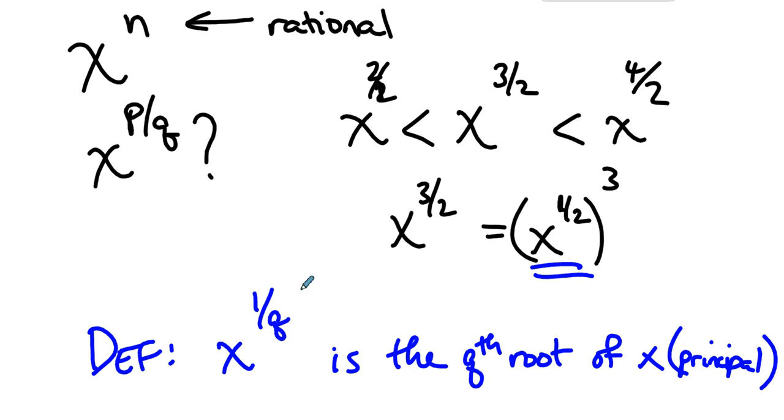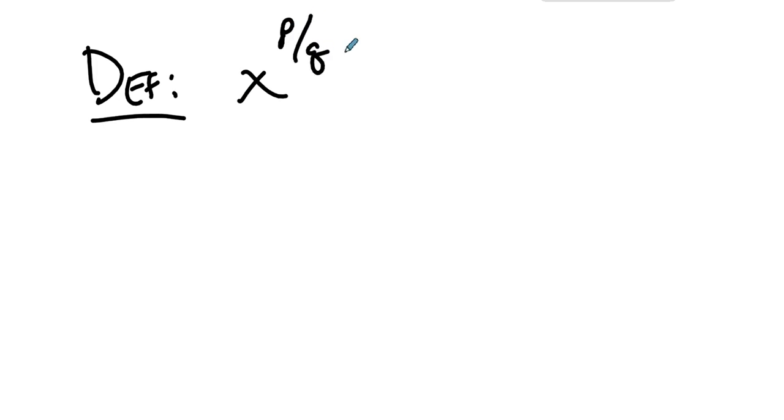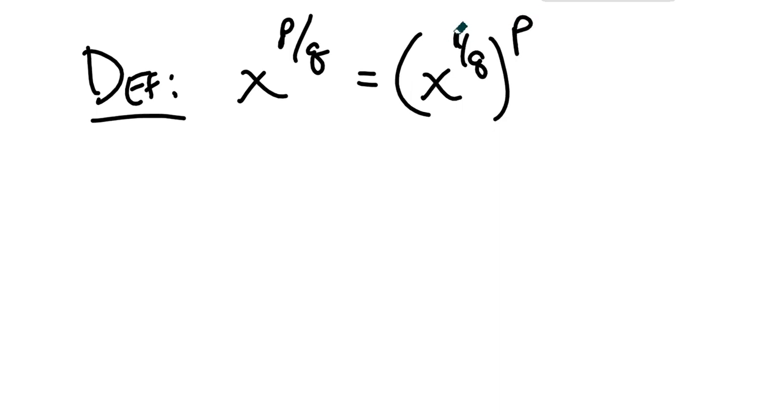And if we define 1/q this way, then we get to define x to the p/q as x to the 1/q to the p, where x to the 1/q is defined as the principal qth root of x.